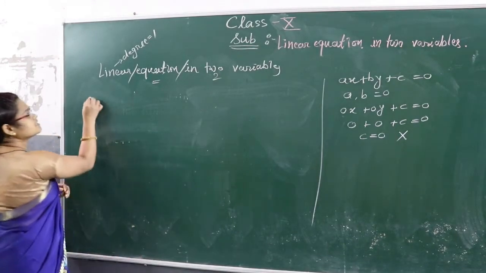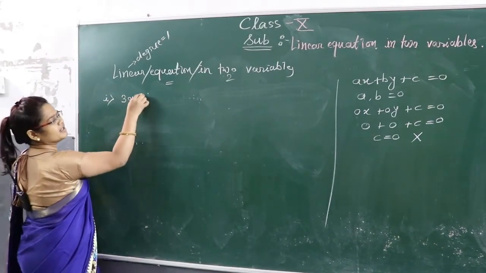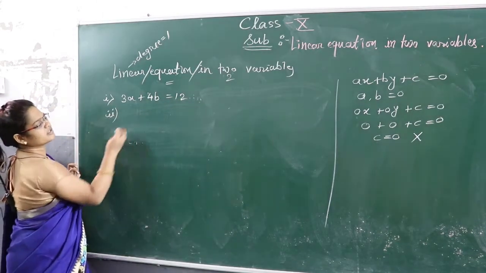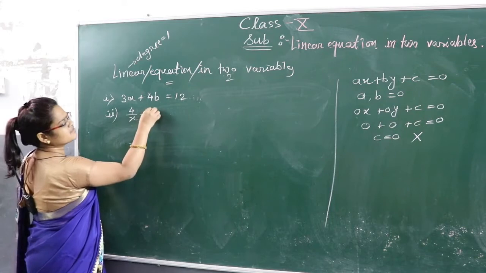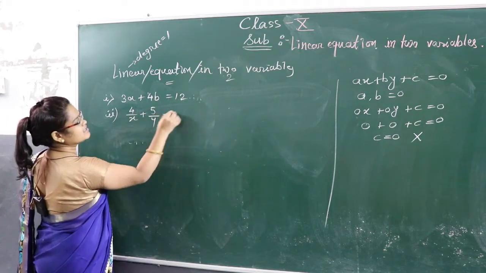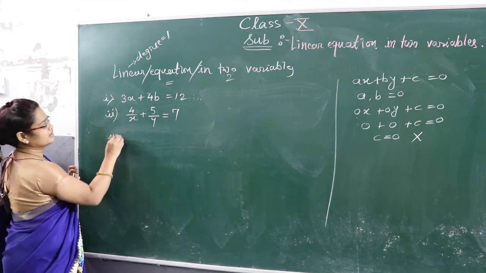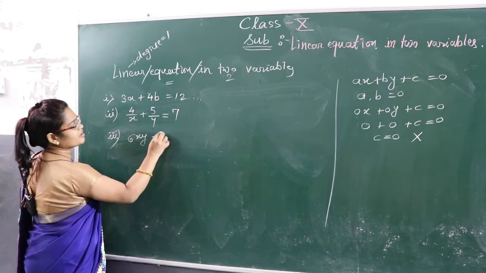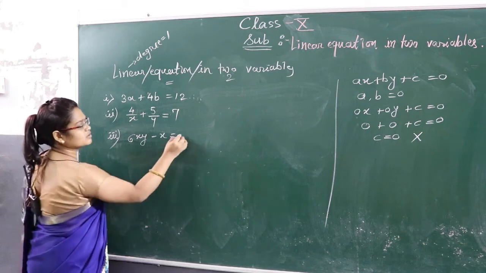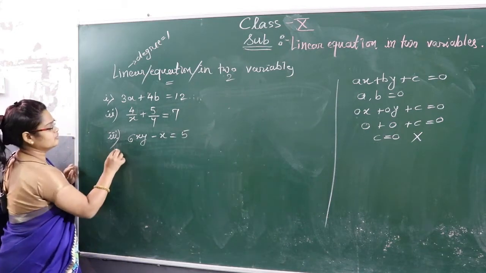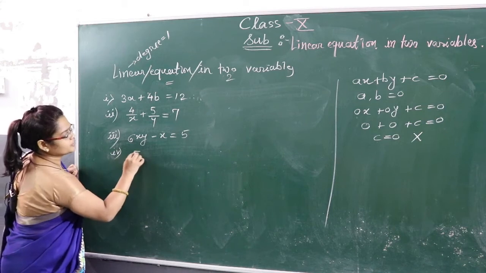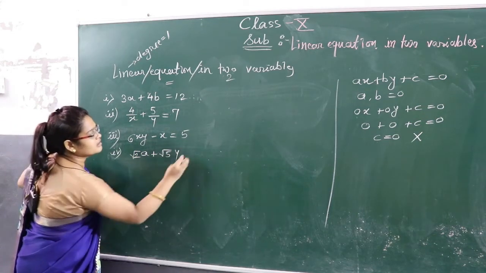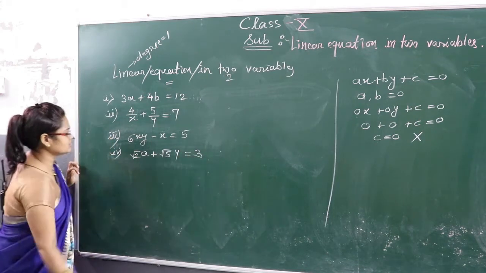Now the first question is 3a plus 4b equals 12. Second question is 4 by x plus 5 by y equals 7. Third question is 6xy minus x equals 5. Fourth one, root 2 a plus root 5 y equals 3.